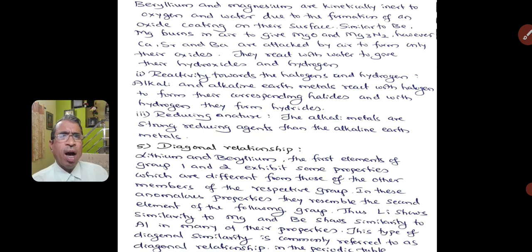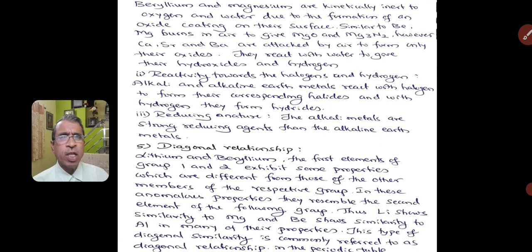Coming to another property, that is diagonal relationship. Lithium and beryllium, the first elements of group 1 and 2, exhibit some properties which are different from those of the other members of the respective group.